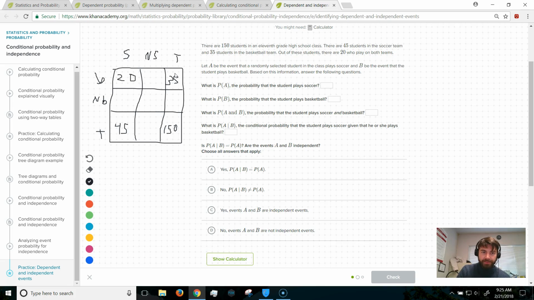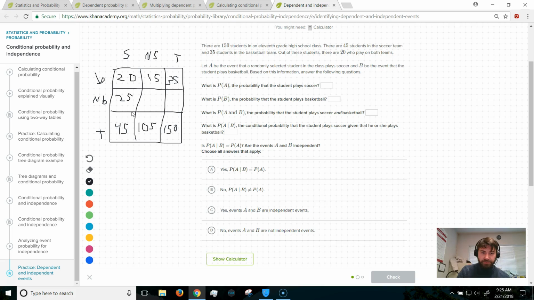The people that play basketball and not soccer has to add up to 35, so it has to be 15 here. And this has to be 25, they play soccer but not basketball. Then to add up to 150, this has to be a big number, 105. So there's 105 that do not play soccer.